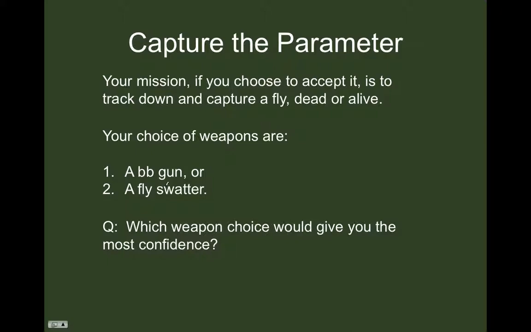Well, let's talk about this word confidence for a minute. What do we mean by confident? Here's a general idea.